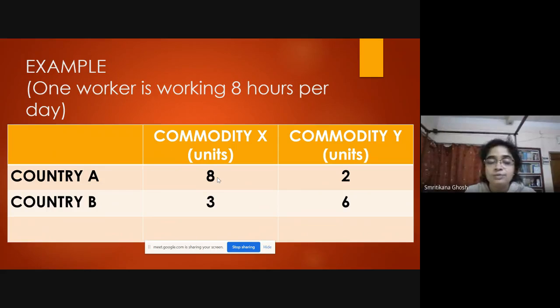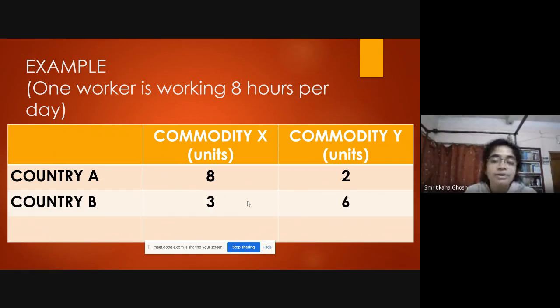If that worker is working in country B, again working for 8 hours per day, at the end of the day he can produce 3 units of commodity X or 6 units of commodity Y. So this is the picture of the two country framework.